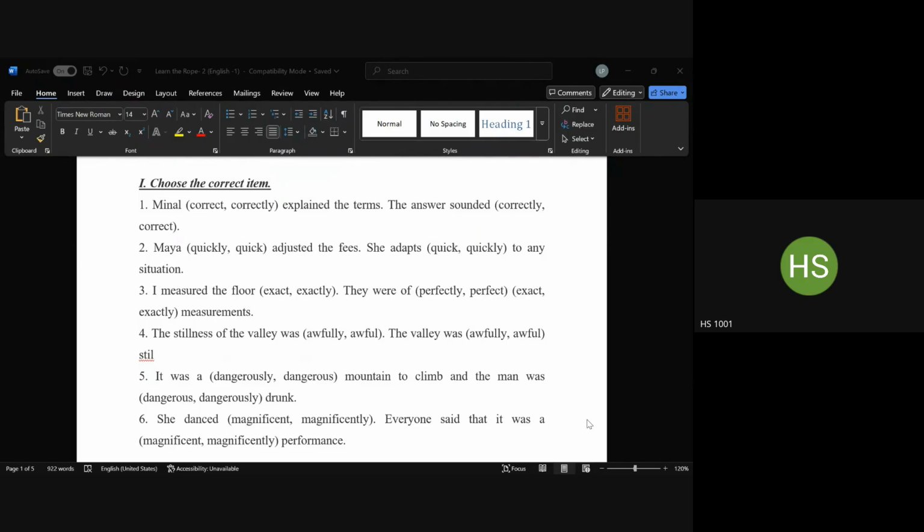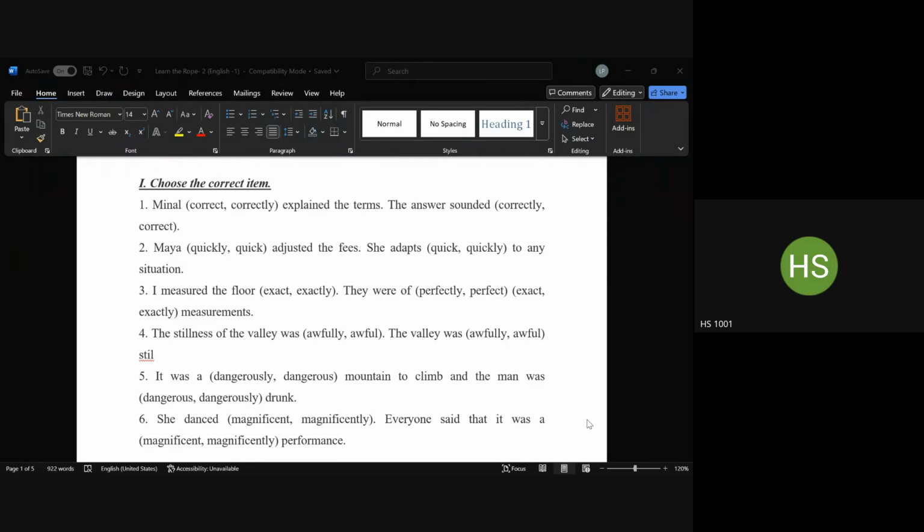Perfect. Exact. Perfectly exact. Yeah, the first blank will be perfectly, and the second has to be exact. Perfectly is the adverb that qualifies the adjective exact, which qualifies the noun measurements. Okay, so perfectly exact measurements.